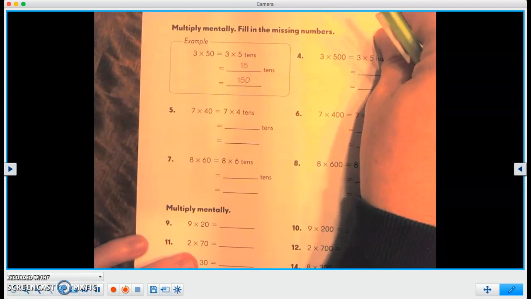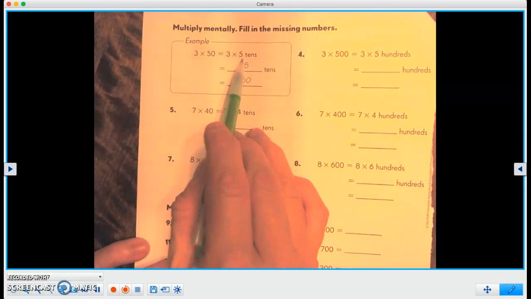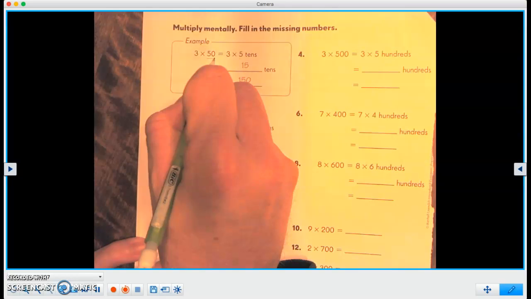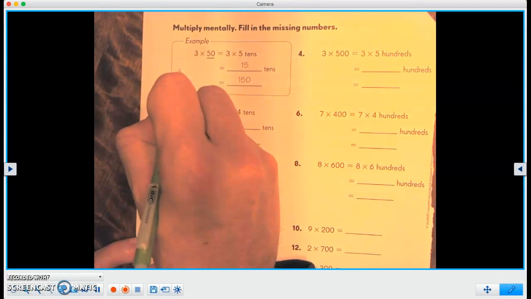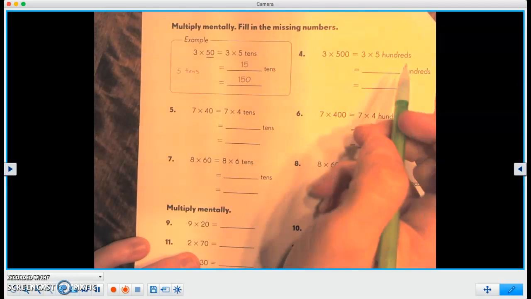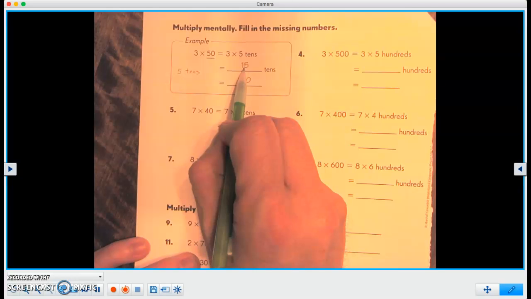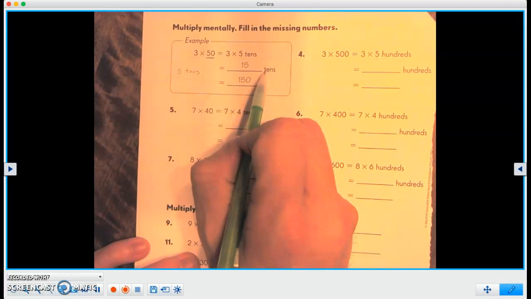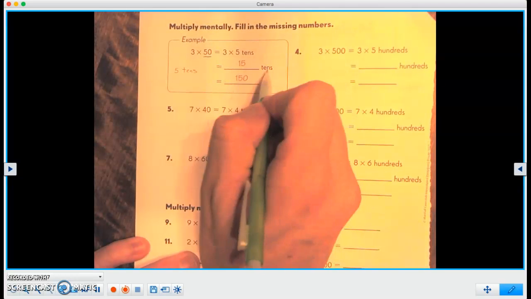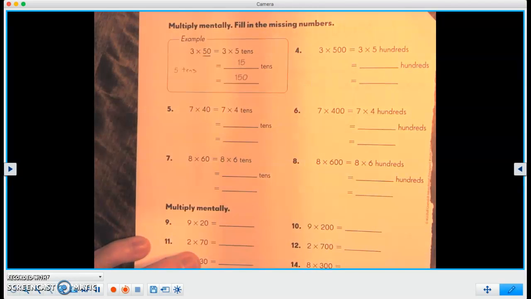All right, now we're going to skip over to number 5, but let's look at the example first. Our example says 3 times 50 equals 3 times 5 tens. Remember, this here is the same as 5 tens, okay? And 3 times 5 equals 15, but it's 15 tens. So 15 tens is the same as writing down 150, okay?